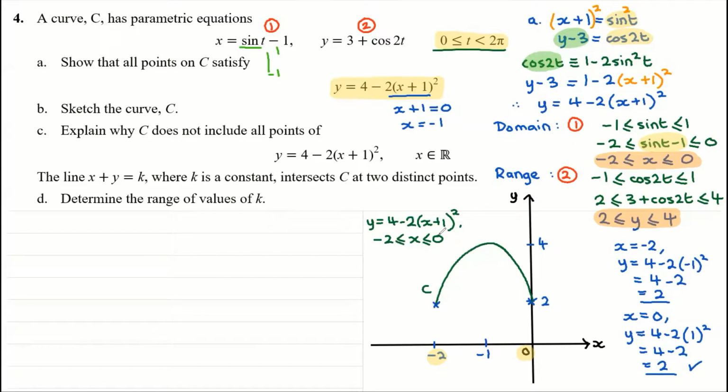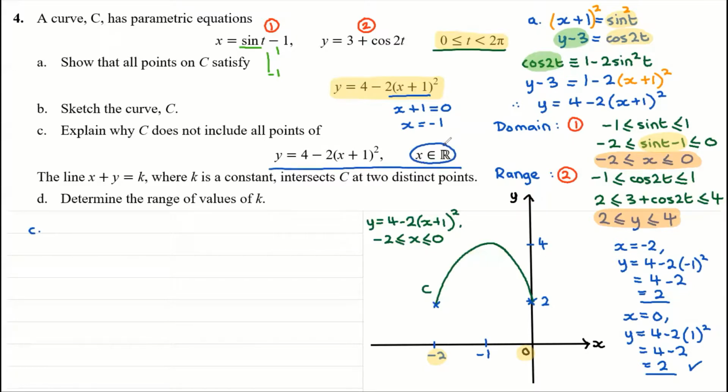So for part C, we've already answered this in all the work we've done. The reason why C does not include all the points is simply because in the function or the curve that they've stipulated here, it includes all real numbers.